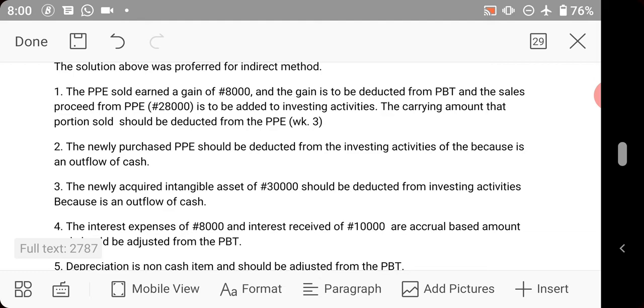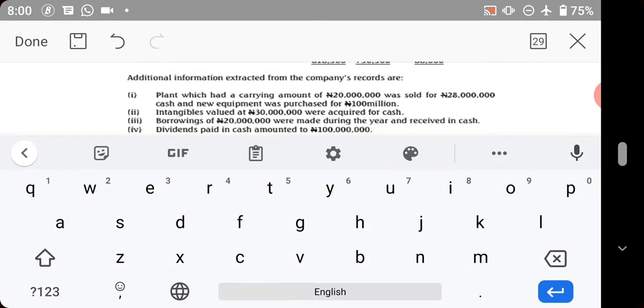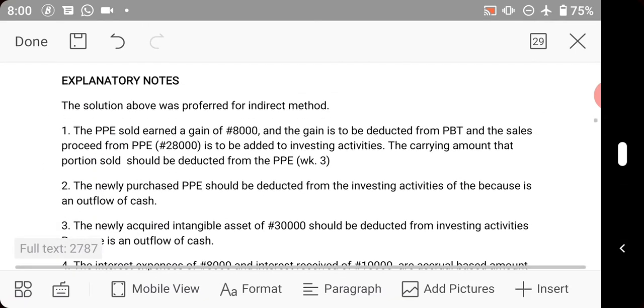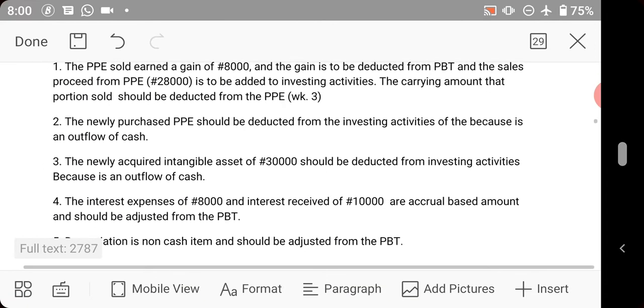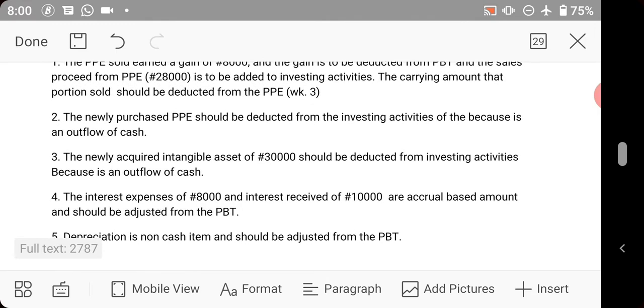The carrying amount of that portion sold should be deducted from PPE.